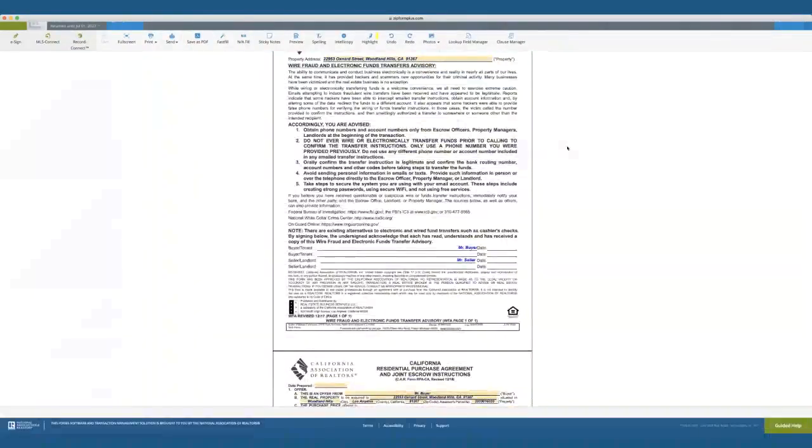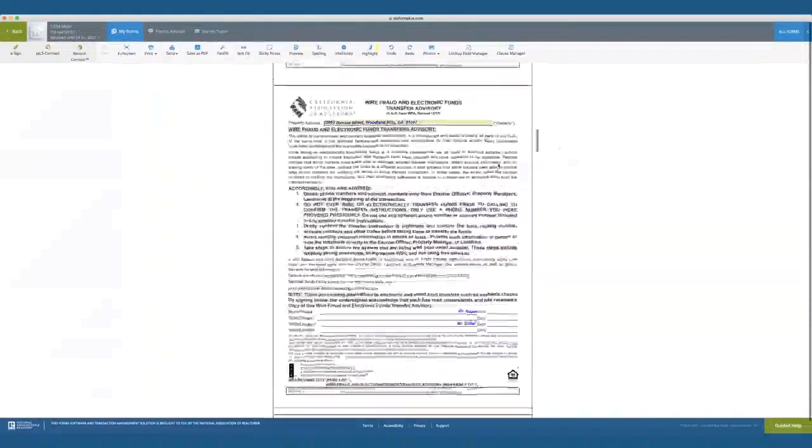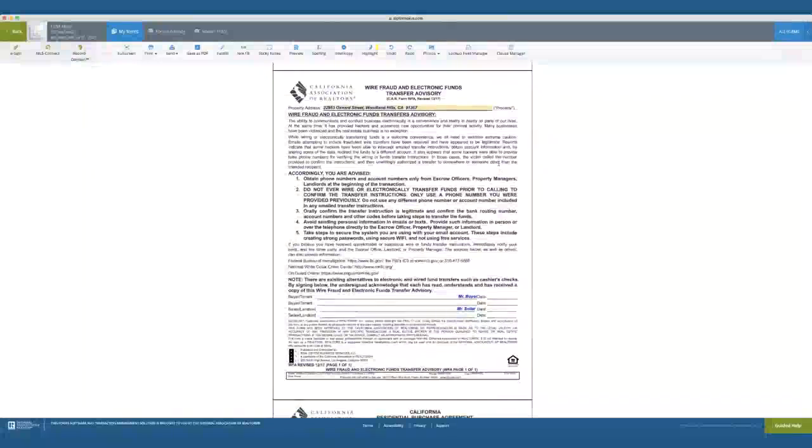The third form is really important. Wire fraud and electronic funds transfer advisory. Most funds are transferred electronically. Well, that brings some problems in that there is a lot of wire fraud out there.